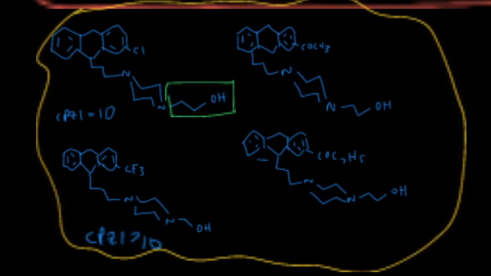Would you expect it to have a CpZi value of greater than, less than, or equal to 10? And why? CpZi is actually less than 10. Why? Even though it has oxygen, which makes it electron withdrawing, remember that carbons make things electron donating, so less electron withdrawing. So your CpZi is actually less than 10. Let me write that down for you.